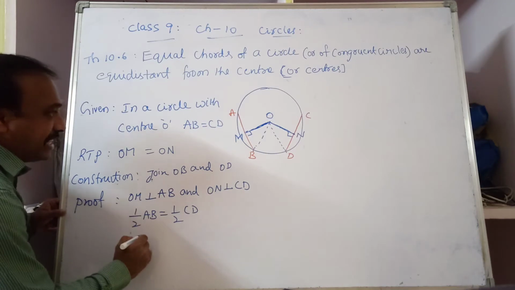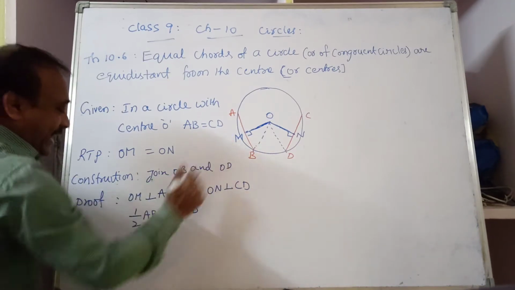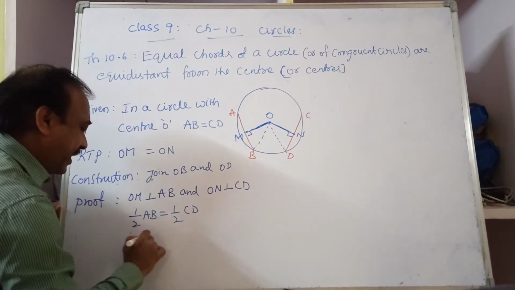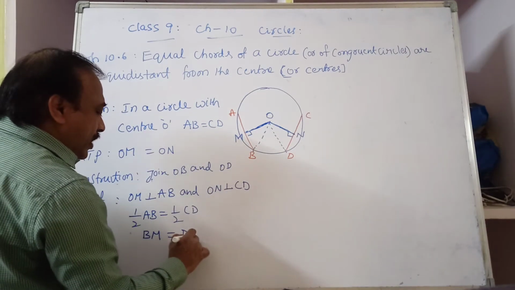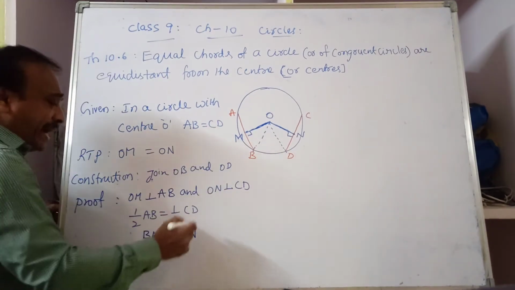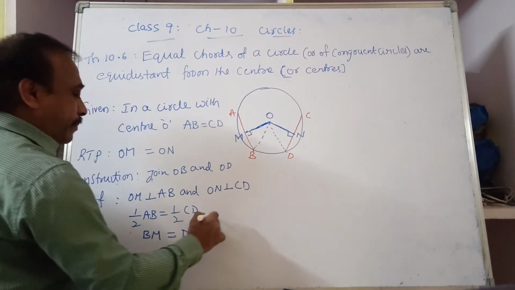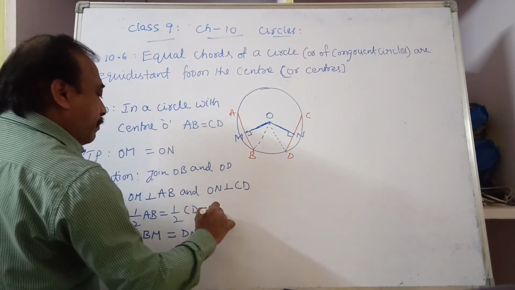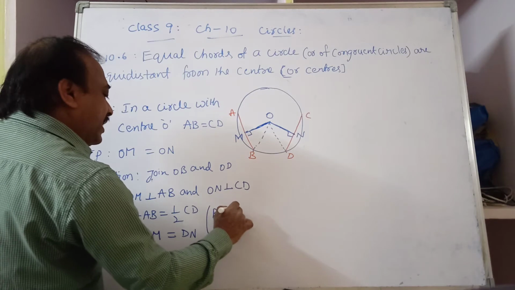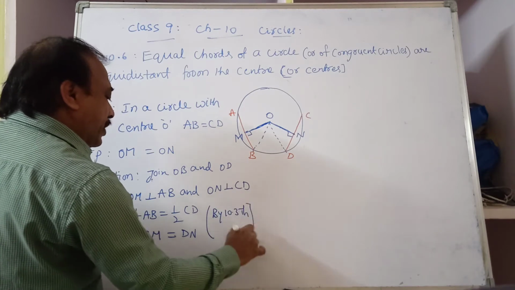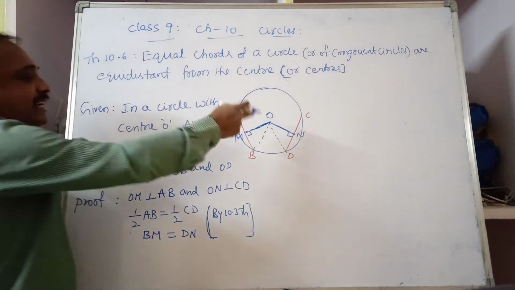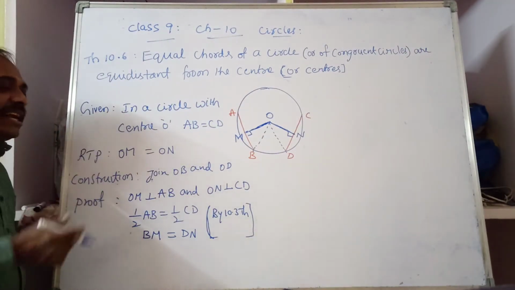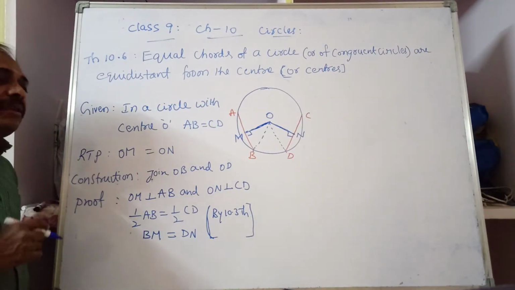Half of AB is nothing but BM. You can write BM is equal to DN. What is the reason? By theorem 10.3. What is theorem 10.3? A perpendicular line from the center to the chord bisects the chord, which divides it into two equal parts.